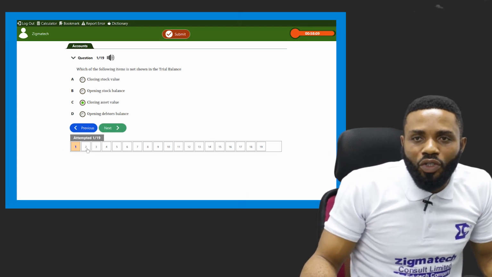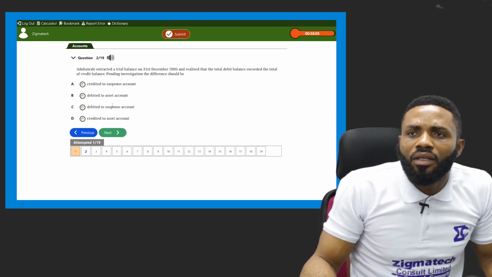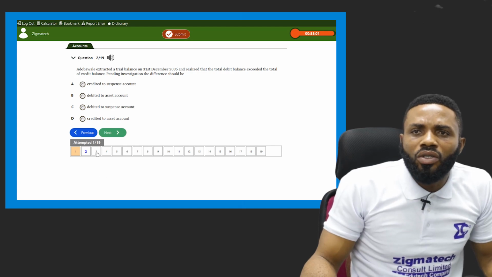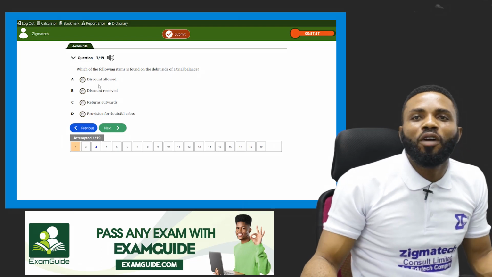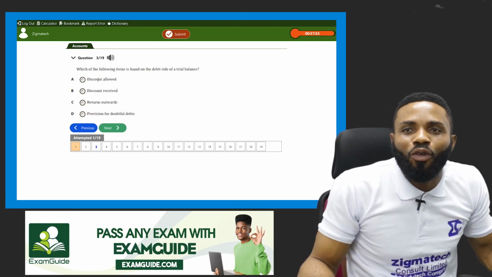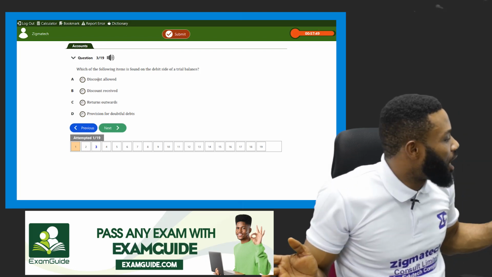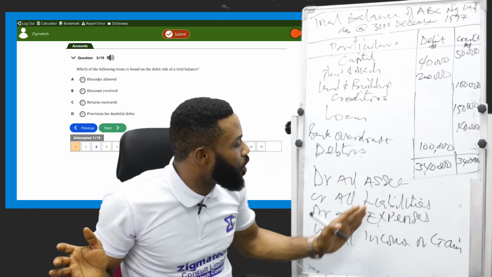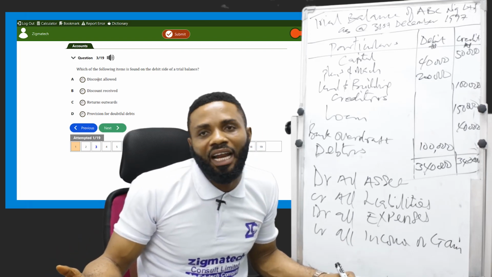And then let's look at question 2. Which of the following items is found on the debit side of a trial balance? Very simple. We have said, look at the rule: debit all assets, credit all liabilities, debit all expenses, credit all income or gain. Number 1, discount allowed.